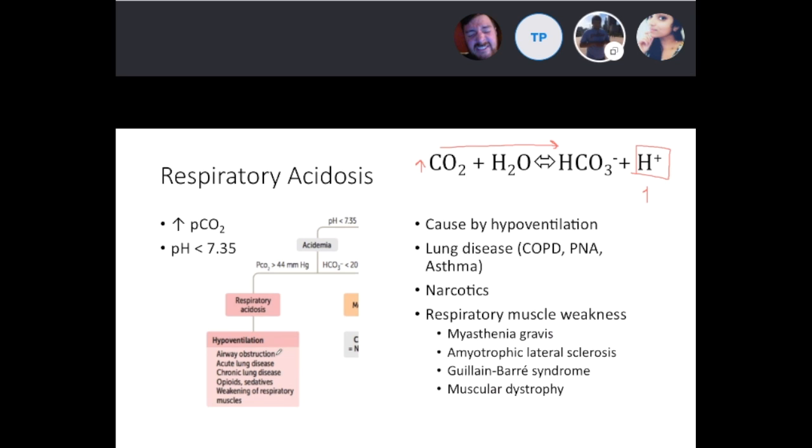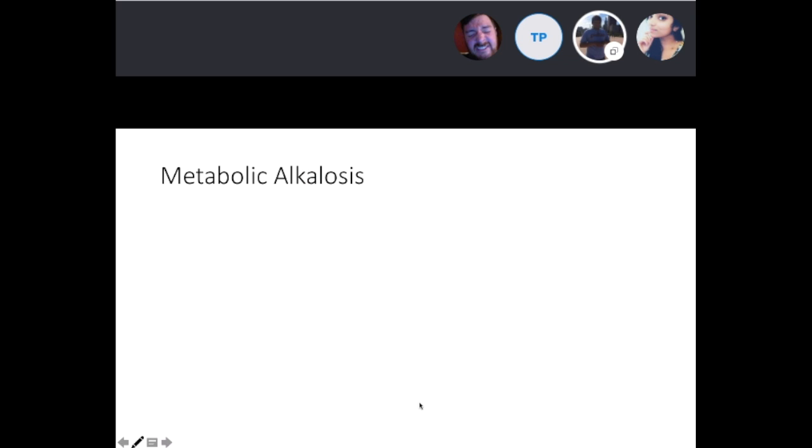Other places you may see it are airway obstruction, acute or chronic lung disease, opioids, and obviously the respiratory muscles. Those are the examples you may see. They may not give it to you directly, but those are some of these examples. Any questions before we move on?